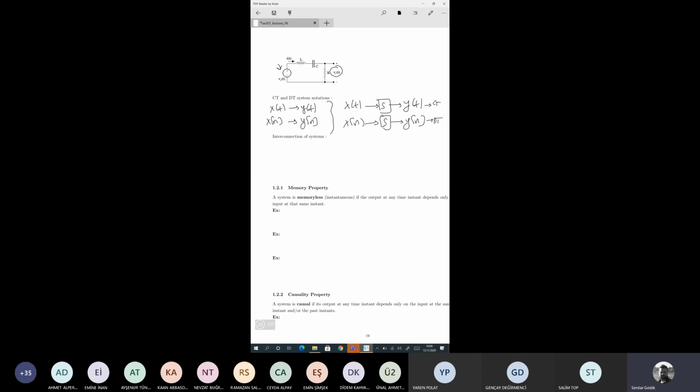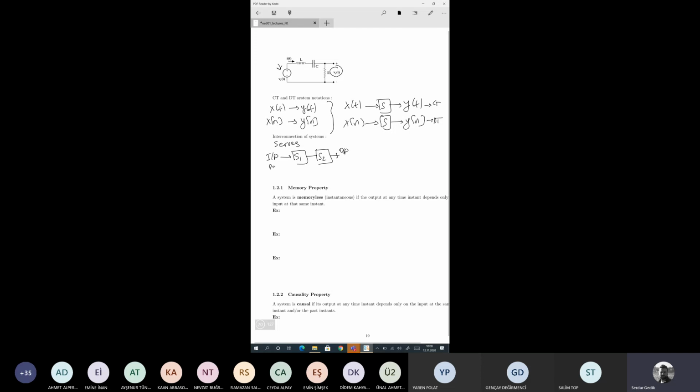Well, we have different interconnections of systems. For instance, I can have a series system. In this case, I have the input, and this is input to a system represented by, let's say, S1. Then the output of S1 is input to another system, S2, and I have the final output.